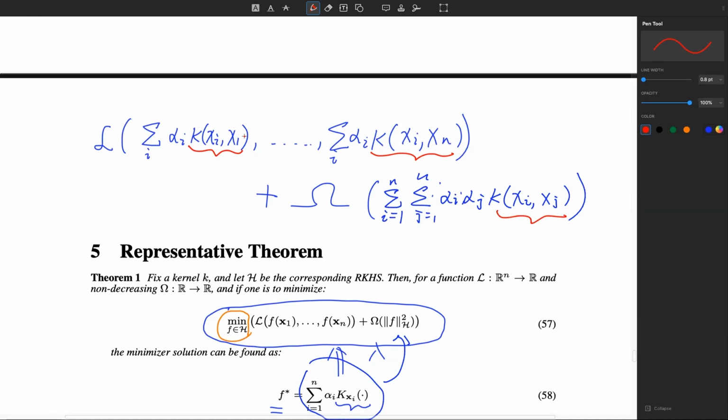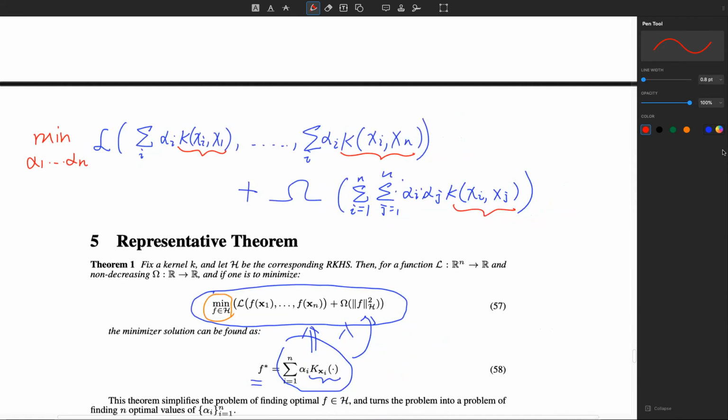So what are we really trying to minimize? What are we trying to optimize? Alpha. Thank you. So we are trying to minimize your alpha. And that's it. By applying this representer theorem, instead of minimizing a function, which is very, very hard to do, you are now trying to minimize a set of real values.